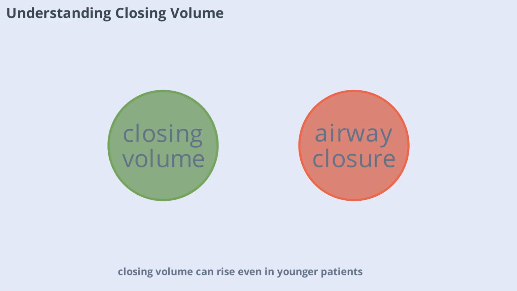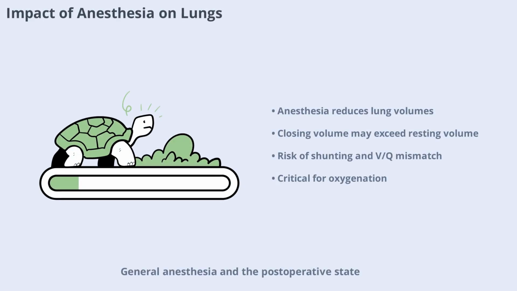After surgery or under anesthesia, closing volume can rise even in younger patients, increasing the risk of shunting and severe ventilation-perfusion mismatch. General anesthesia and the postoperative state can sharply decrease functional residual capacity, pushing the closing volume above the resting lung volume.